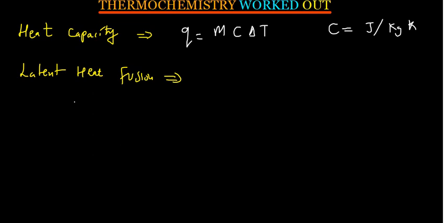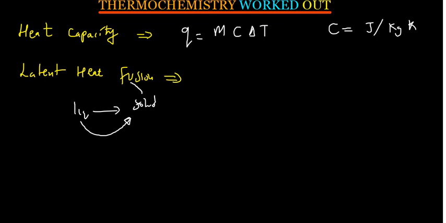If you are talking about liquid to solid, then you say latent heat of fusion is the amount of heat energy which is lost to change a liquid to solid at constant temperature. Please, temperature is constant. Here we say lost, because when you're changing a liquid to a solid, heat is lost.